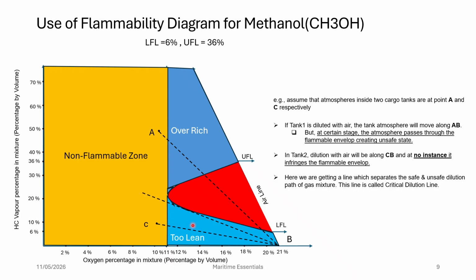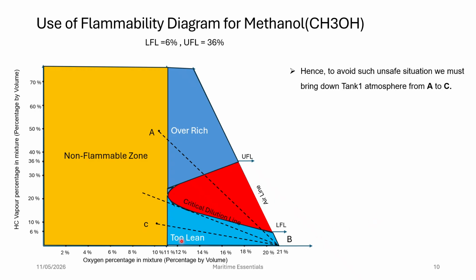In the tanker, we always want to remain under this critical dilution line. Dilution with air initiated above the critical dilution line is unsafe, and if we do the same below it, we call it safe.